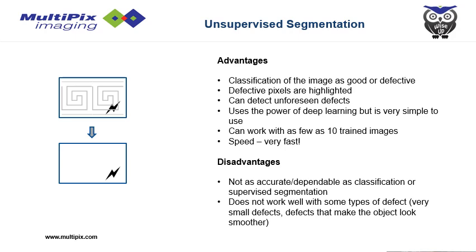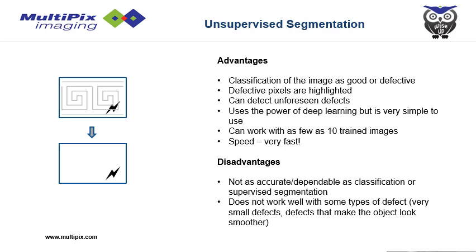If what we're looking at varies very, very little, in other words, it's not an organic product, maybe something that is very regular, and from one sample to the next there are very few or very subtle differences, then we need very few training images to define everything we think is good. And the great news about that is if you haven't got many training images, then the speed is incredibly quick. So those are very good advantages.